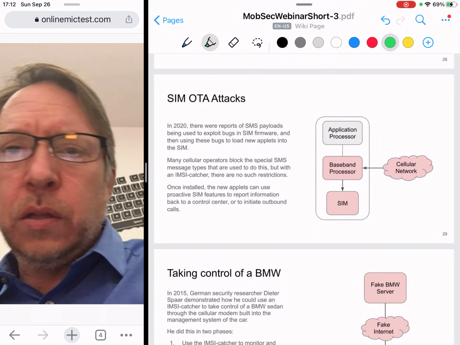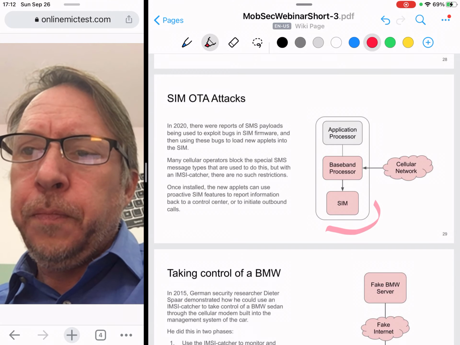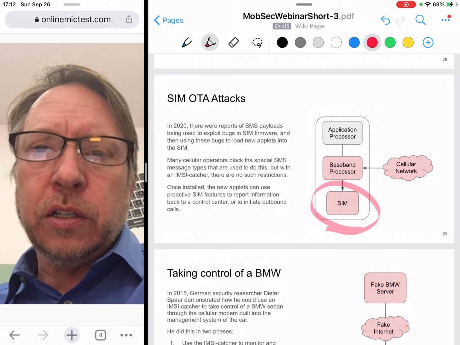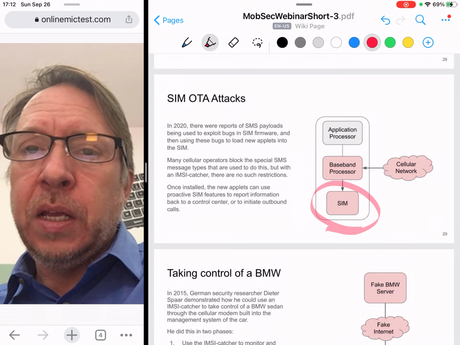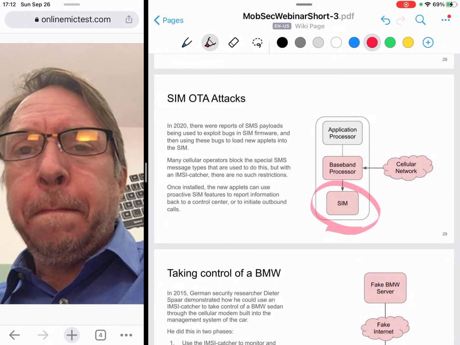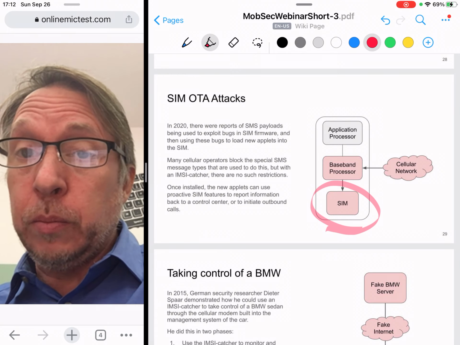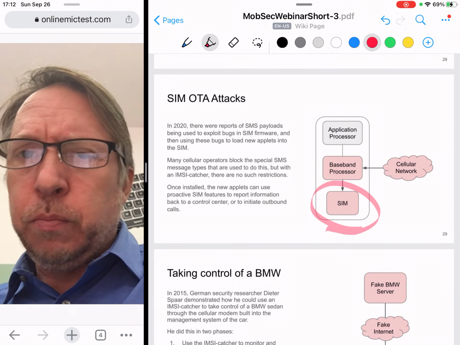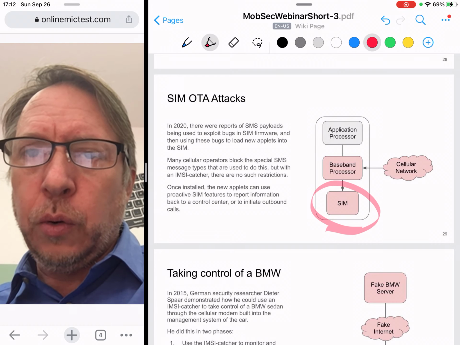It has an operating system, it has apps, it has a file system, and it also has zero-day bugs, especially SIMs that have built-in browsers. There are quite a lot of SIMs with built-in browsers, and those browsers have a lot of the same zero-click bugs that we see in other browsers and other parts of the phone, like the application processor.